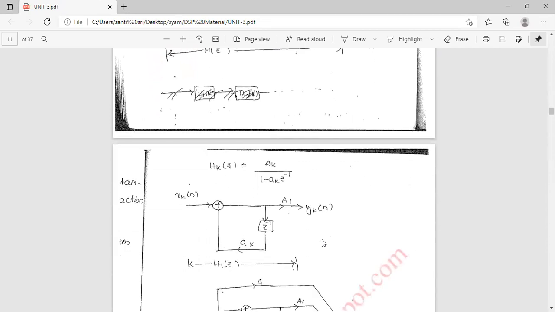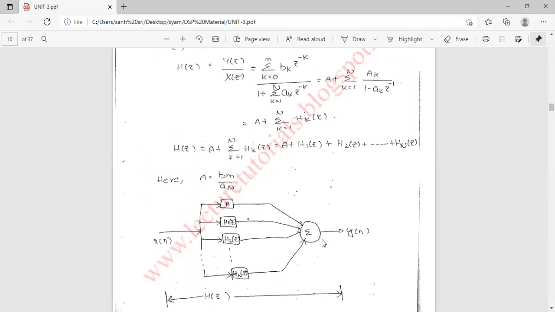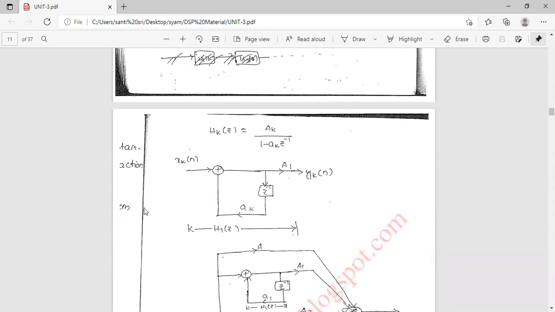Okay, so Hk of z equal to ak by 1 minus ak into z power minus 1. So this is xk of n, this is yk of n. Suppose if you take a1, H1 of z is a1 by 1 minus a1 into z power minus 1.